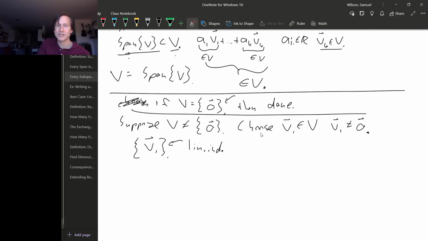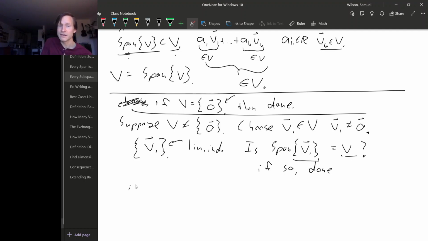So now let's check, is the span of our single vector here all of V? It's definitely contained in V, but is it all of V? Well, it may be. If so, then we're done, because we have a linearly independent collection of vectors that span capital V.